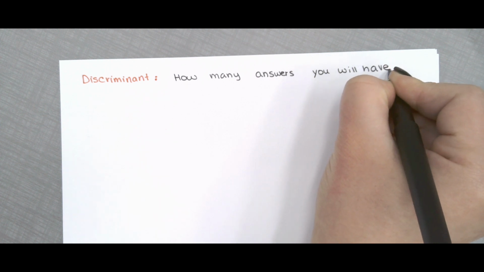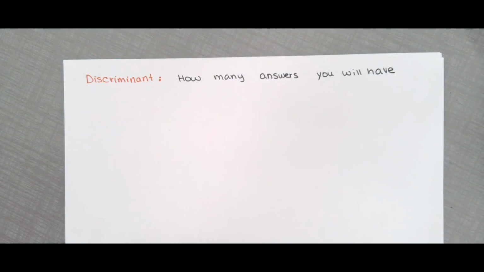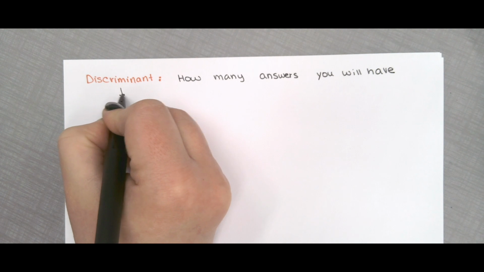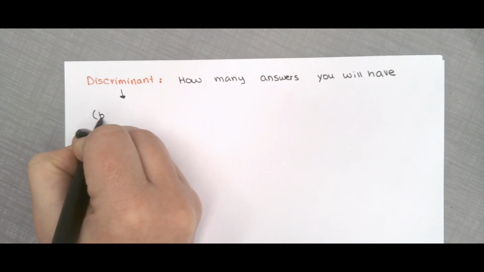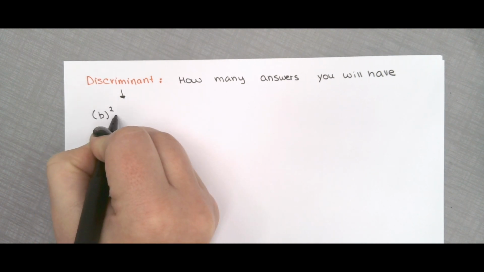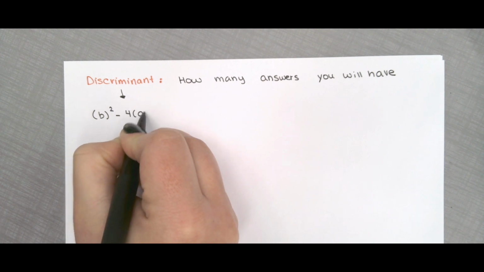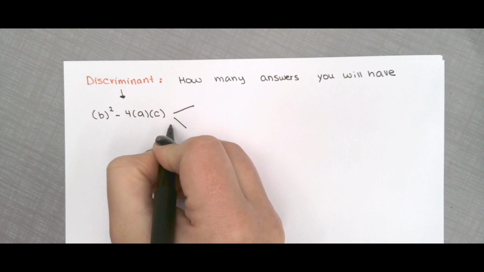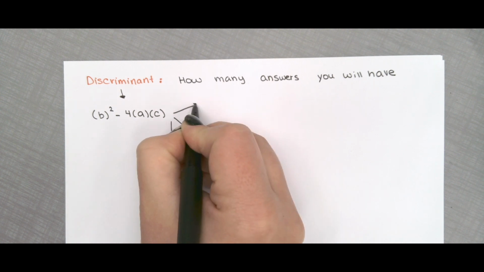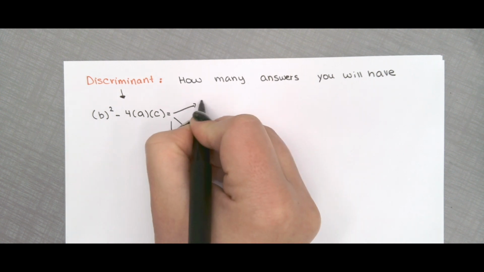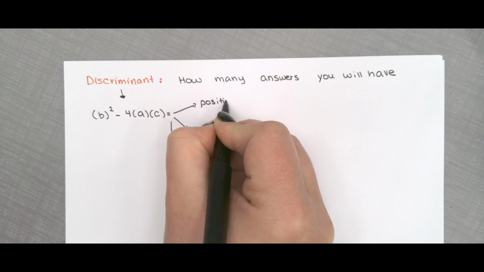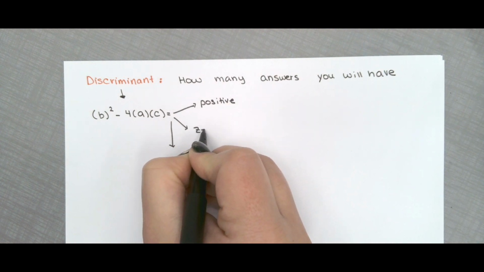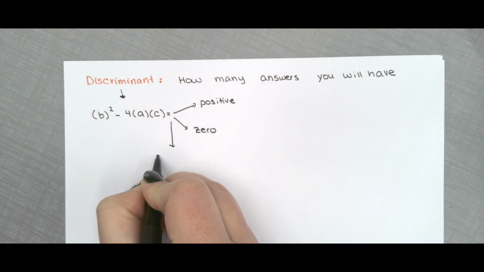It does not tell you what those answers are. So your discriminant is b squared minus 4ac. And we have three potential values. It can equal a positive number, it can equal 0, or it can equal a negative.